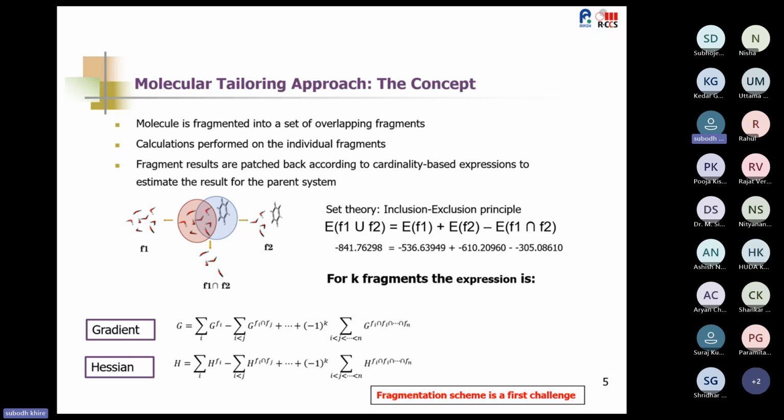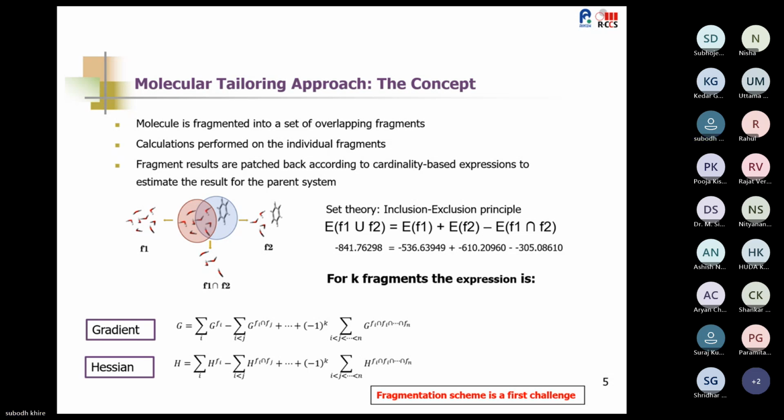So after virtually cutting the molecule, we give it to the ab initio software, get the energy, and patch back the results by the simple mathematical inclusion-exclusion principle. And as you can see here, though it is for demonstration purposes, in principle there can be multiple fragments, not only limited to two.